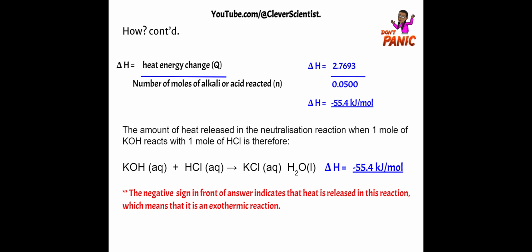Now you can see that there's a minus sign in front of the value, 55.4 kilojoules per mole. And the minus sign tells you that heat is released from this reaction, which means it's an exothermic reaction.